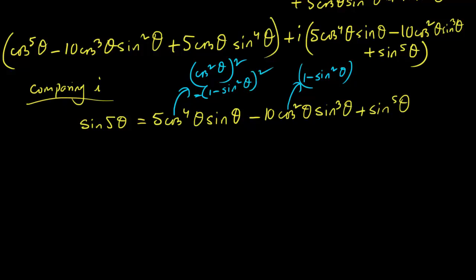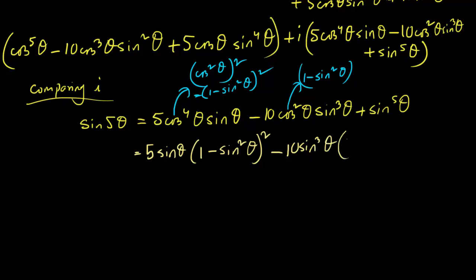So a bit complicated. So let's do this. This is going to be 5 sin θ and cos to the power 4 θ is going to be (1 minus sin squared θ) whole squared, minus 10 sin cubed θ, and cos squared θ is going to be 1 minus sin squared θ, and we have plus sin to the power 5 θ.